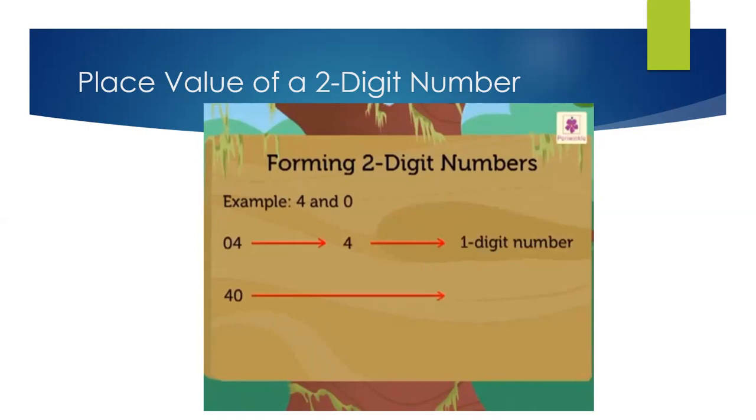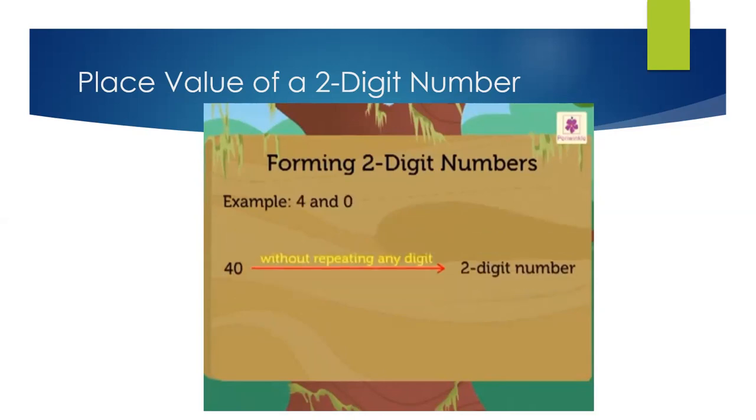So, 40 is the only two-digit number formed by digits 4 and 0 without repeating any digit. We can also form one more two-digit number, that is number 44, by repeating the digit. Hence, we can form only two two-digit numbers with the digits 4 and 0, and those are 40 and 44.